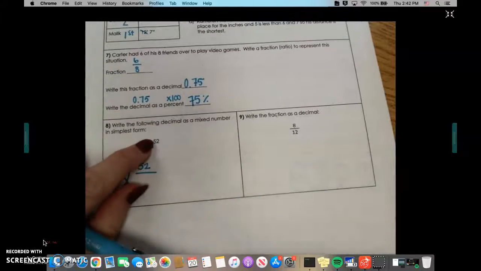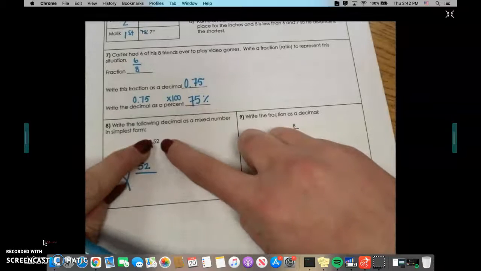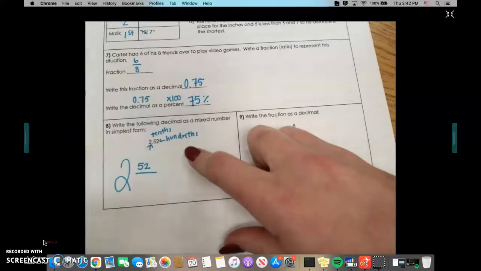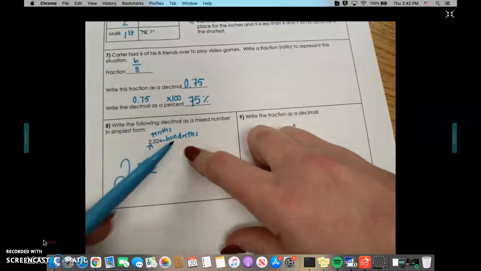Then I need to look at what the last number is and what place value that is. The 5 is in the tenths place, and the 2 is in the hundredths place. So if the last number ends in the hundredths place, our denominator would be 100.